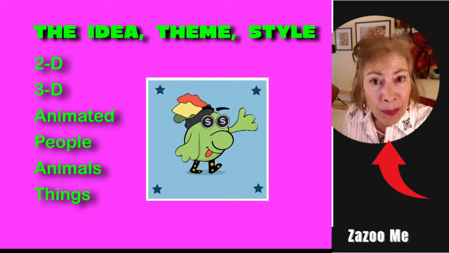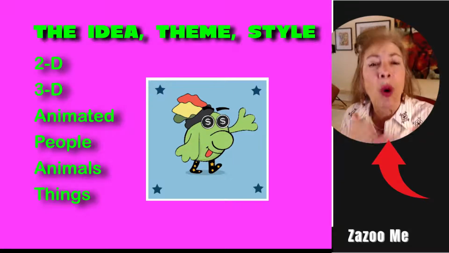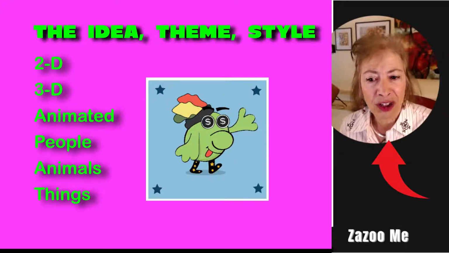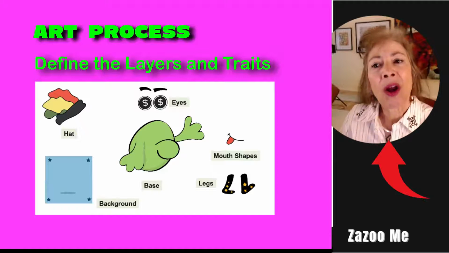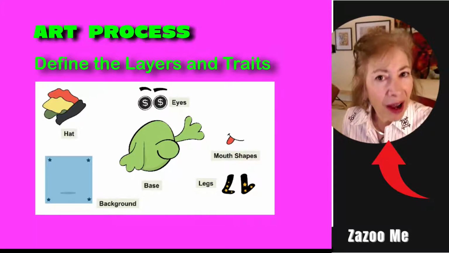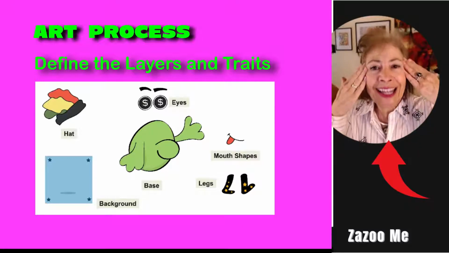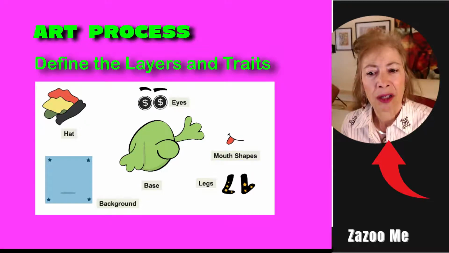Will it be people or animals or things like sneakers? What are you planning to do for your collection? You need to break it all down. The art process is to define the individual layers and traits so that you clearly know this is what I want my collection to be about.